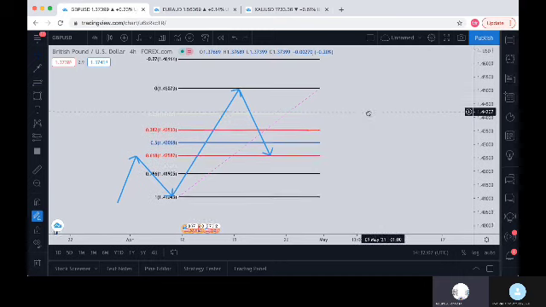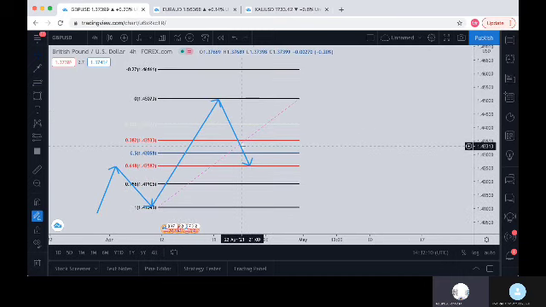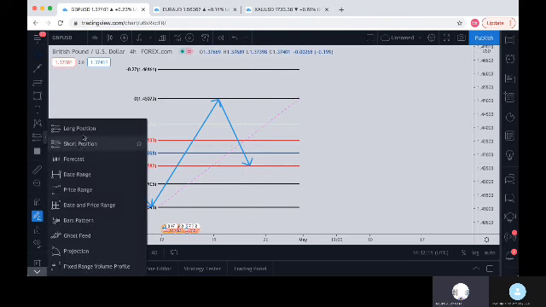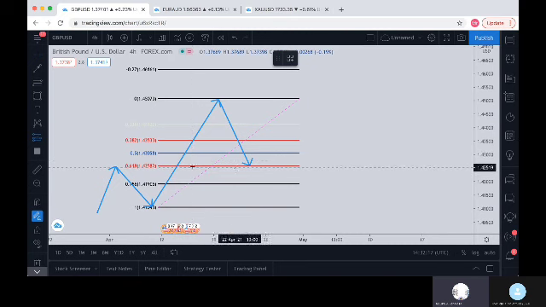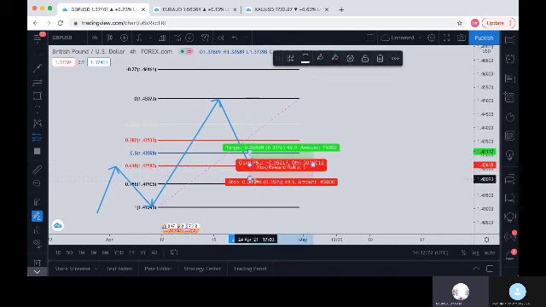The reason I don't like this golden ratio that everybody uses, the 61.8, is because even if you just focus on the 61.8, the risk reward automatically doesn't make sense to me.